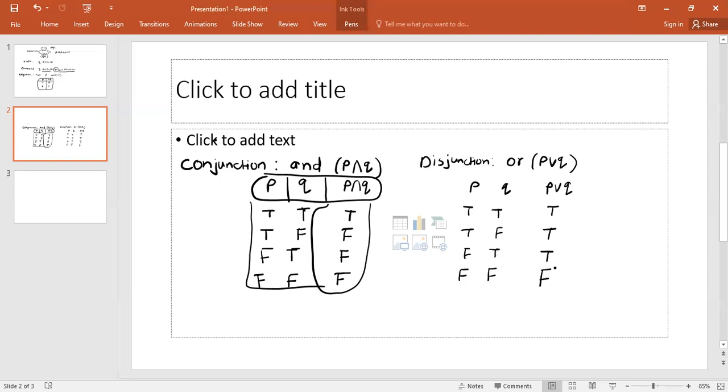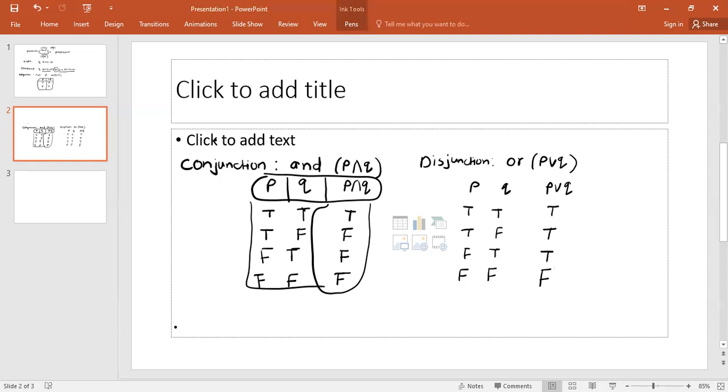Conditional statement or implication. It is a compound statement in which we combine two statements by the phrase if then, or implies that.